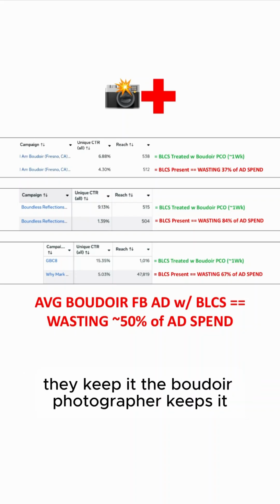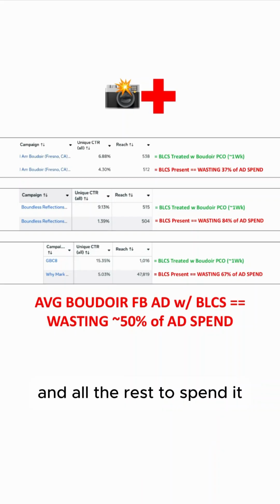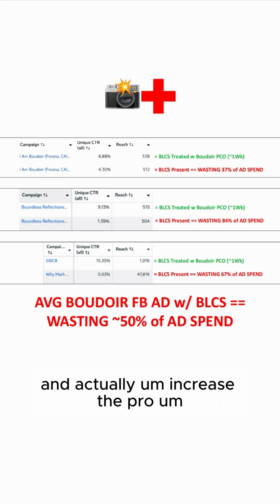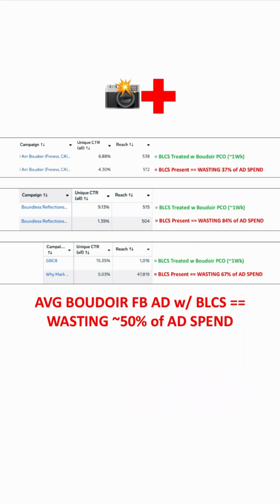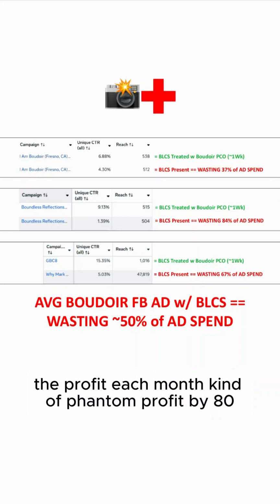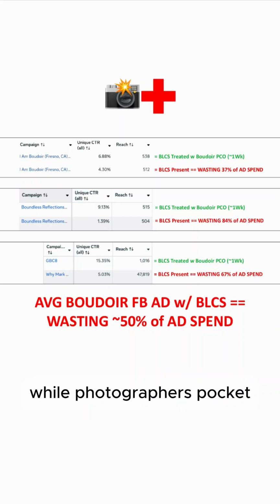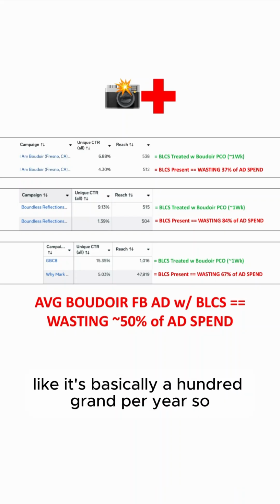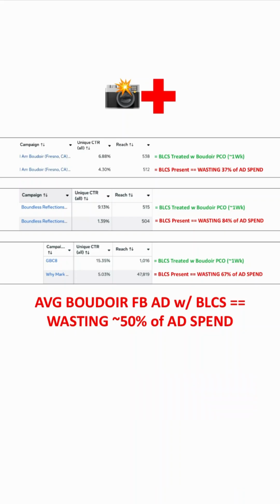The boudoir photographer keeps it. No longer has to spend it, and we actually increase the profit each month, kind of phantom profit, by 8,400 staying in the boudoir photographer's pocket. Like it's basically like 100 grand per year.